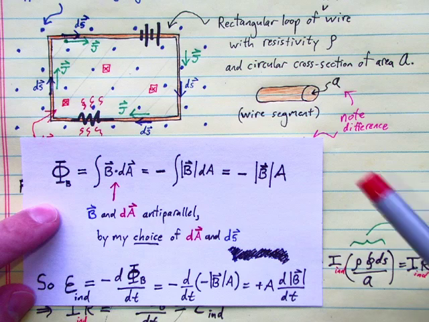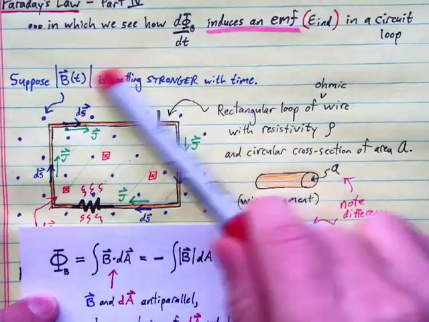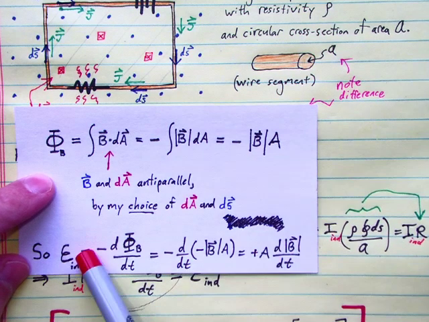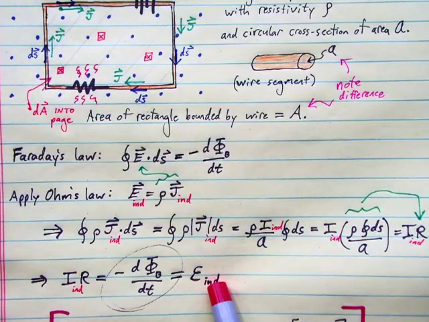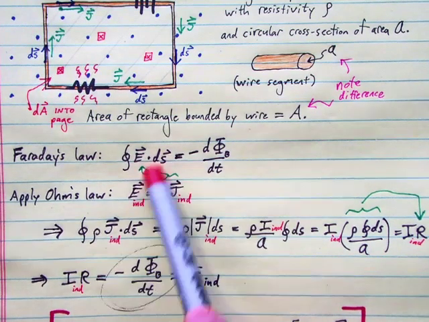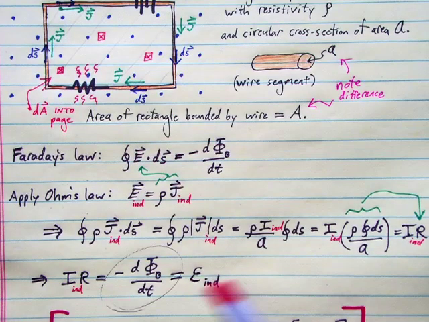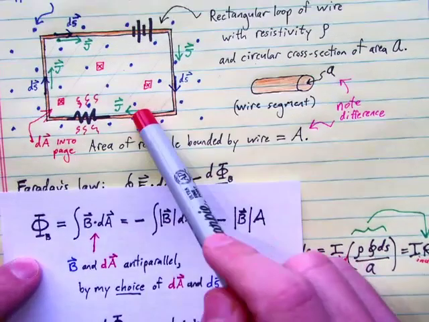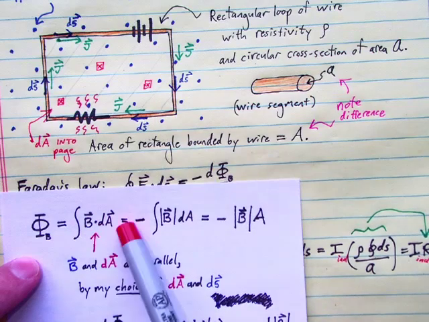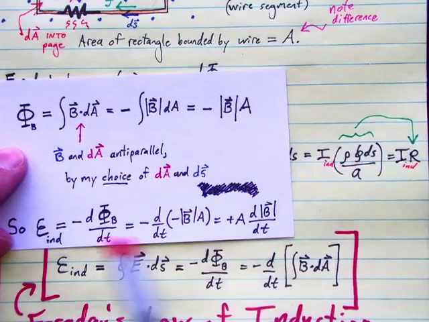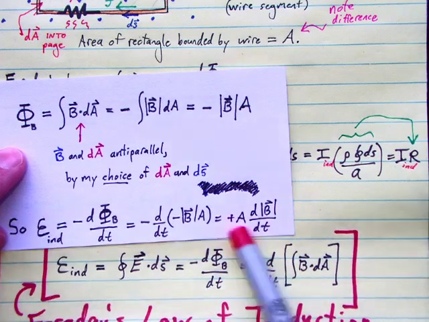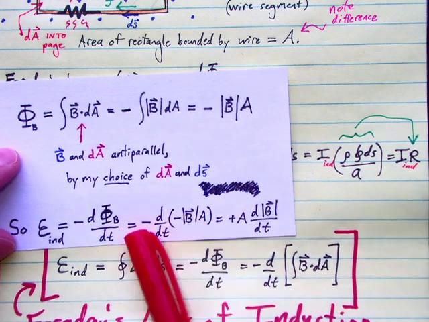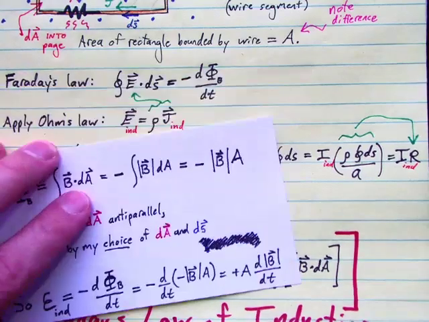We said our B field was getting stronger with time, so dB/dt is positive, A is obviously positive, and our induced EMF, which came from this, is also positive. So by thinking carefully about those signs and the directions of the dS's and the dA's and the B's versus the dA's, we've gotten all the signs to work out. So positive on the left-hand side equals positive on the right-hand side. Okay, that's our Lenz's law sign issue, if we're very careful about it. And no reason not to be.